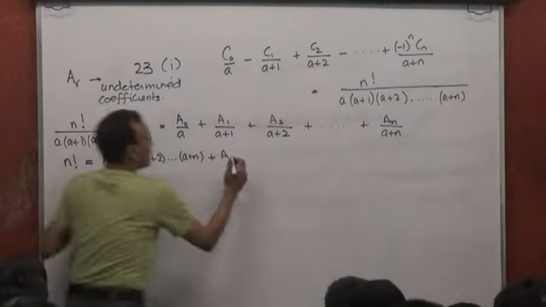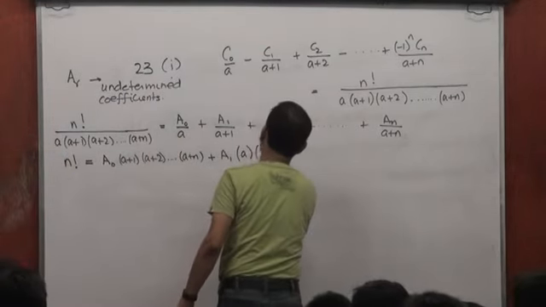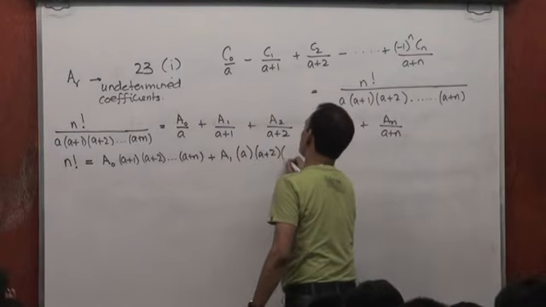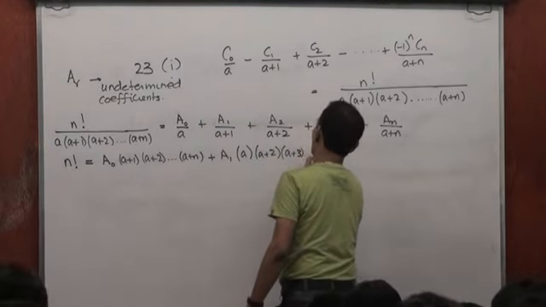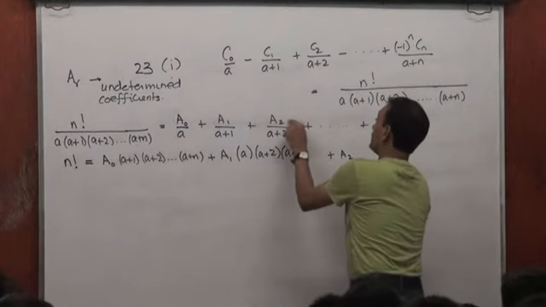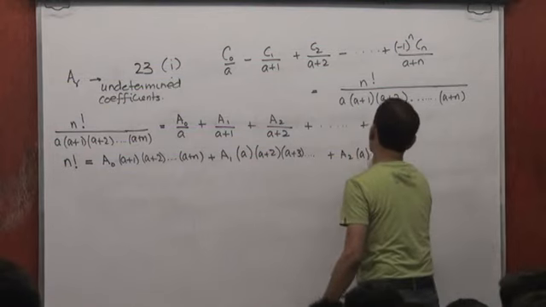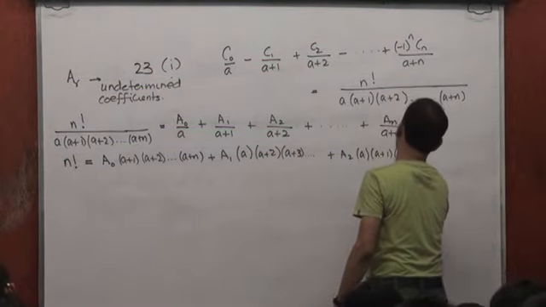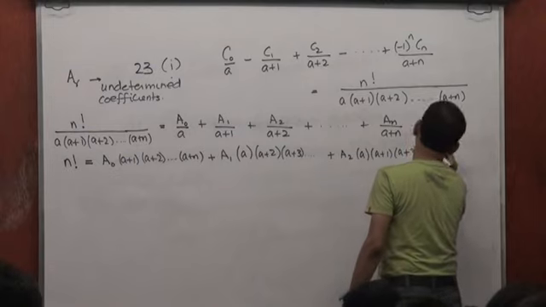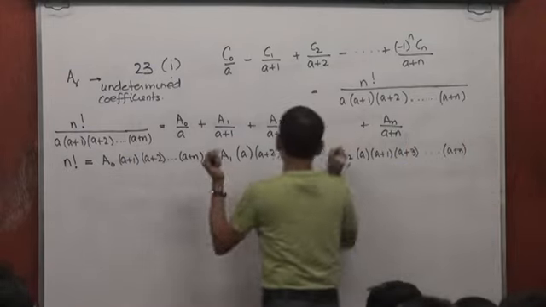So in the resulting expression, A plus 1 will be missing. A plus 2 into A plus 3 and so on and so forth with A1. And with A2, in the product, A plus 2 will be missing. So A into A plus 1 into A plus 3 into A plus n. Yes or no? Right?